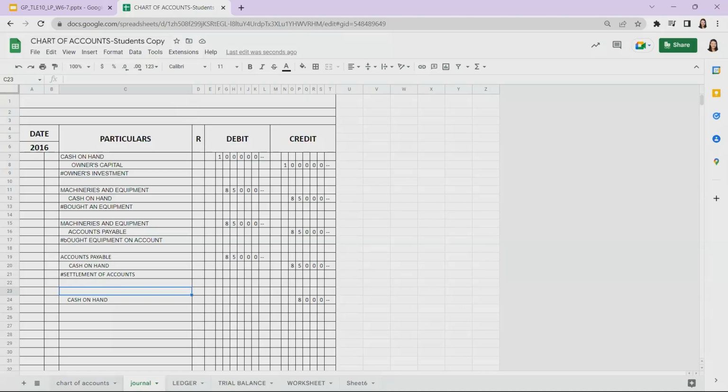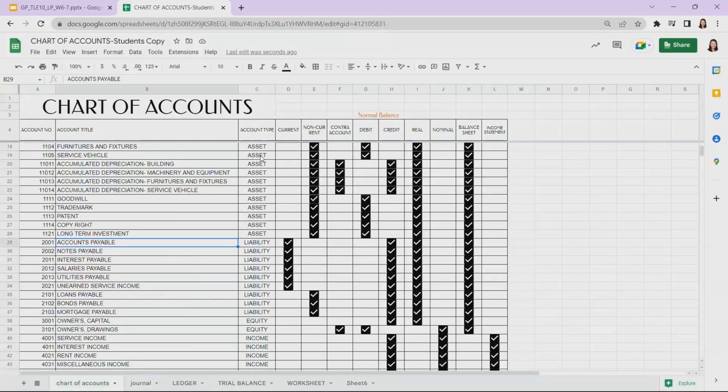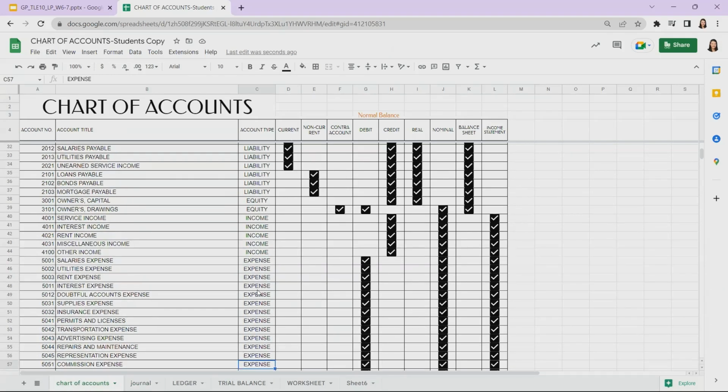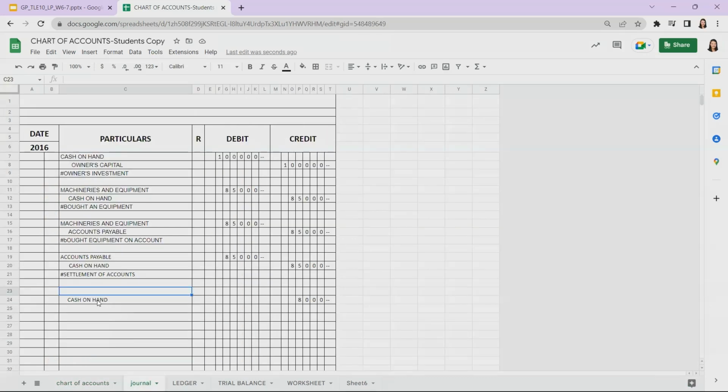So, let us look for the chart of accounts. Under the expense account, look for the perfect account title to use. We have here rent expense. So let's use rent expense.